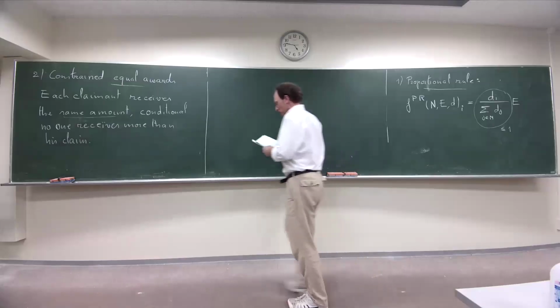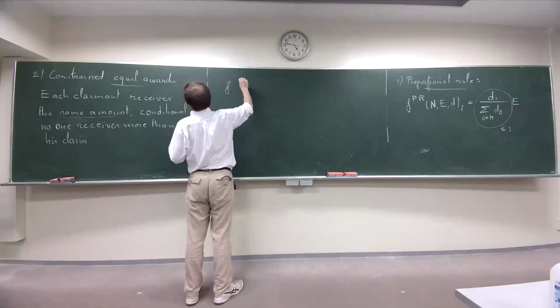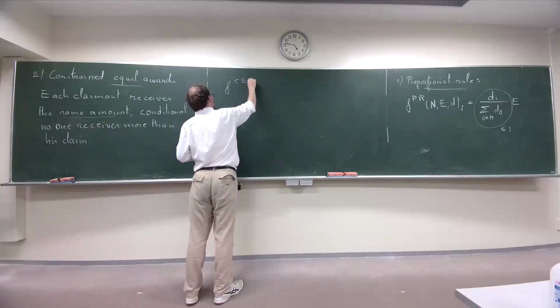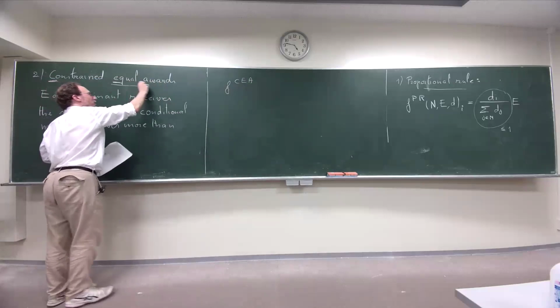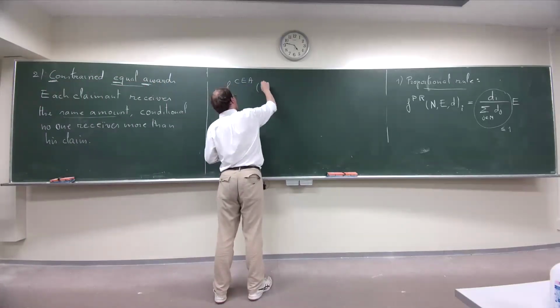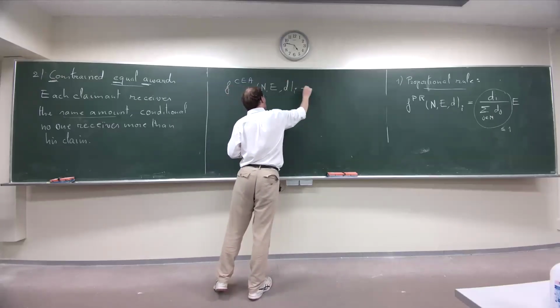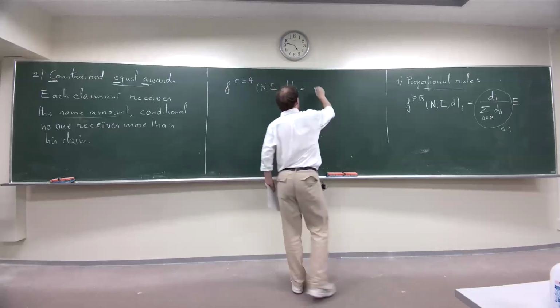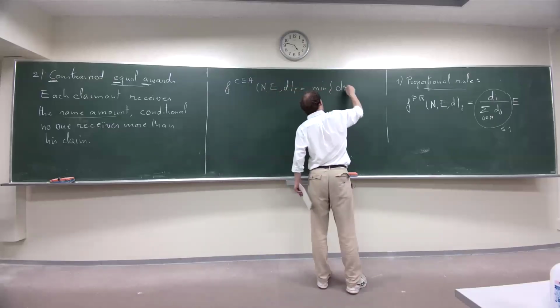It's not so difficult. So this is called f CEA, for constraint equal award, of n, d, for player i. Player i should receive the minimum between di and lambda.